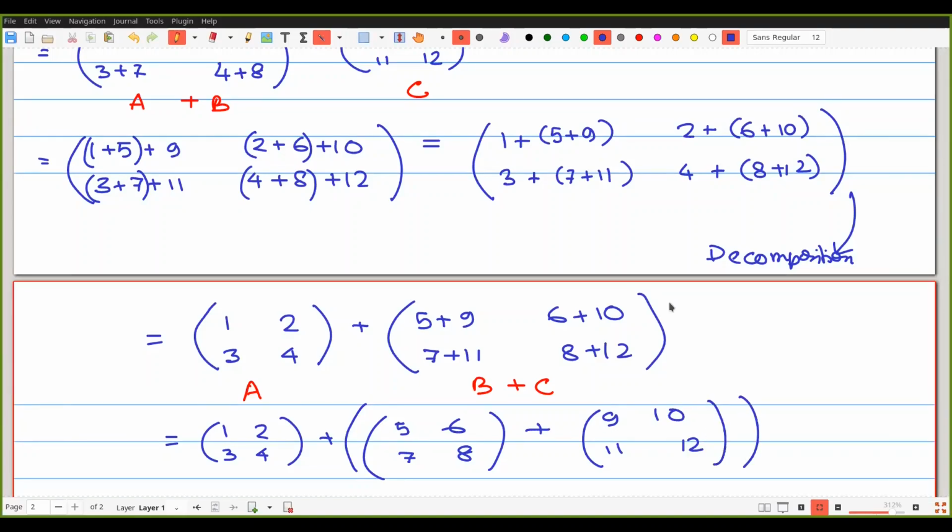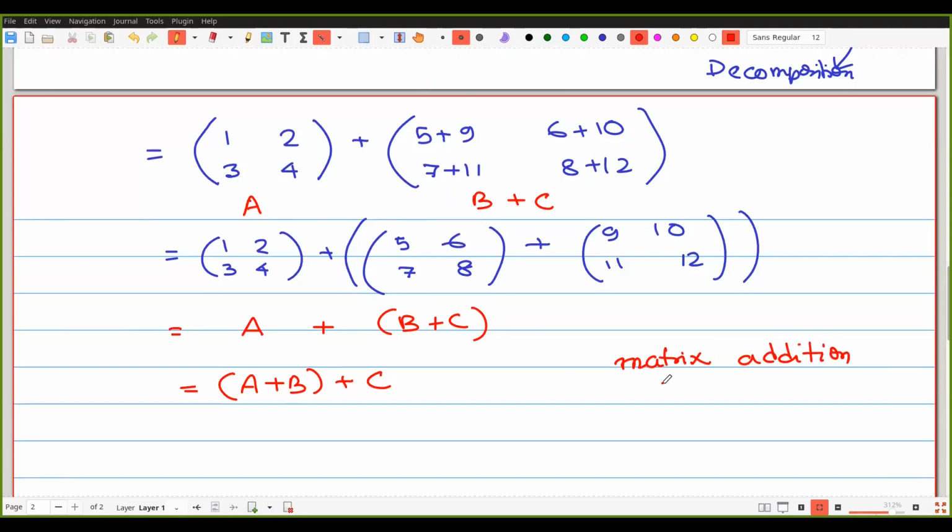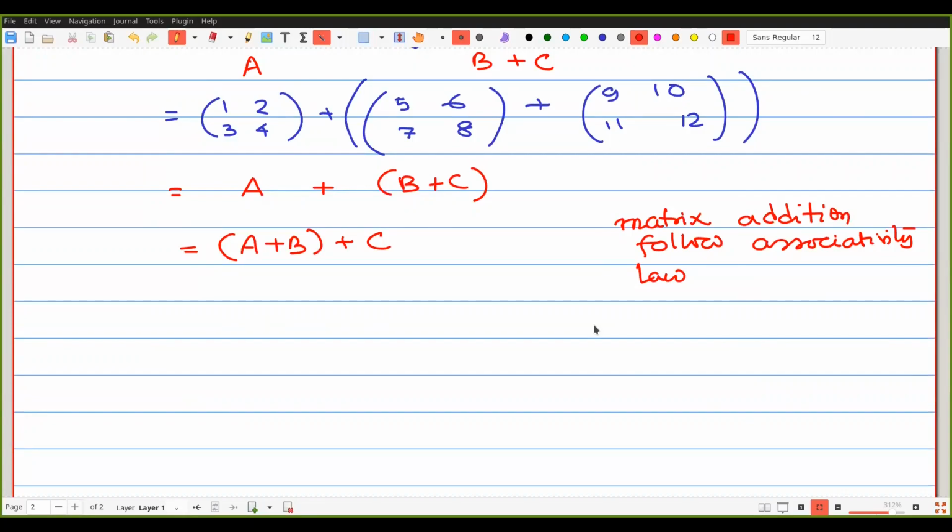That means we may write it as A plus B plus C. So that one is following our A plus B plus C. So matrix addition follows the associativity law. Now the associativity law is done. Next one.